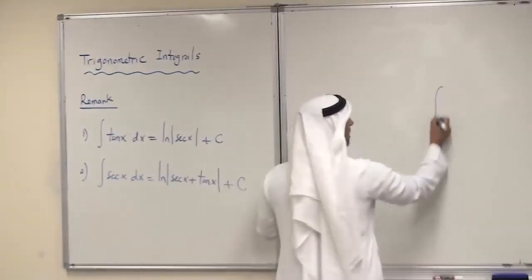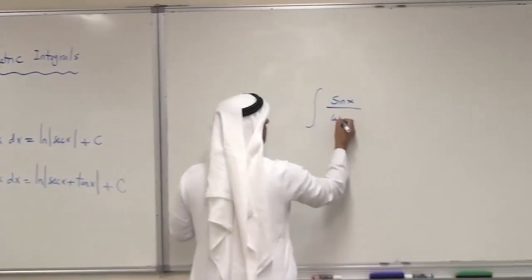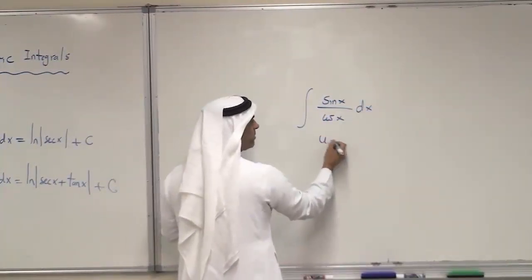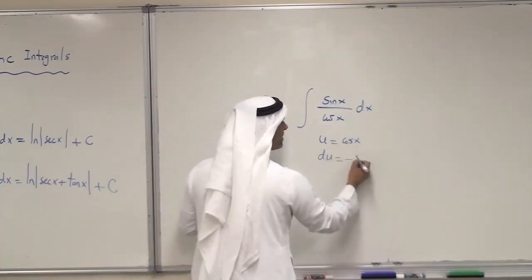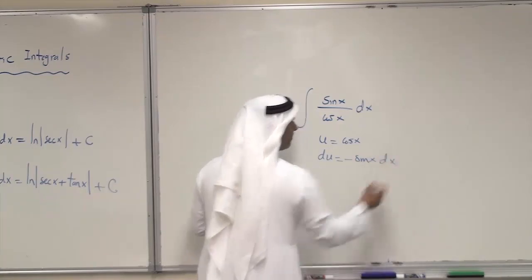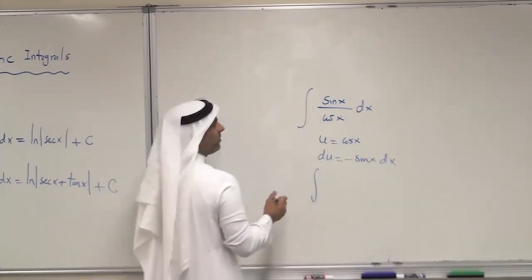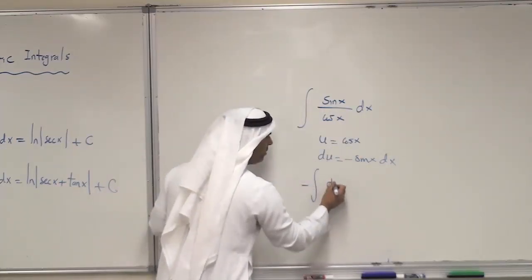We have tangent is sine of x over cosine of x dx. Then the only thing you need to do is just let u equal to cosine of x. In that case, du will be equal to minus sine x dx, okay? And then you substitute here. So the integral will be the integral of minus du over u.